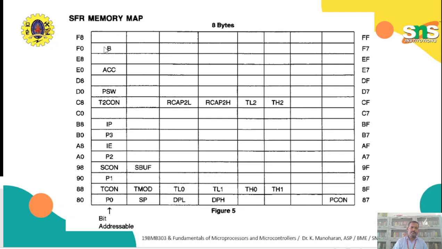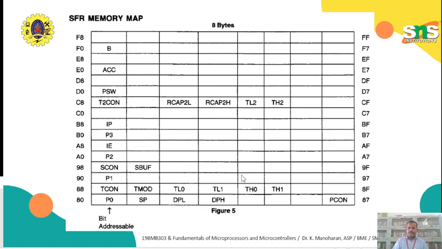These will correspond to these values. Look at this. This is 80 to F8. This is 87 to FF. So the actual values will be mapped in the registers. This is the actual mapping of SFRs, that is, the SFR memory mapped registers. Look at this. This is the bit address for these individual registers.